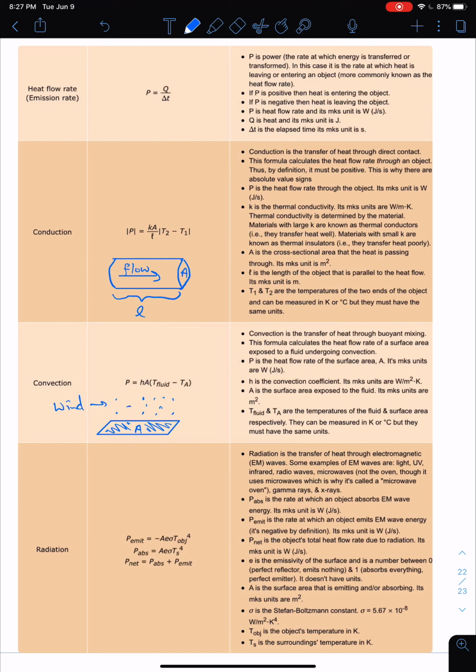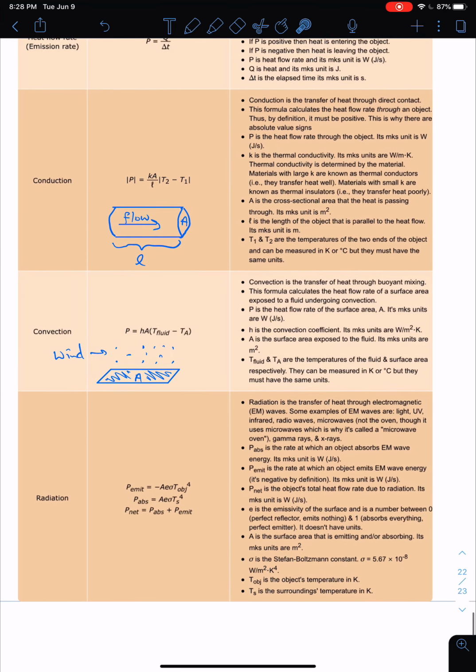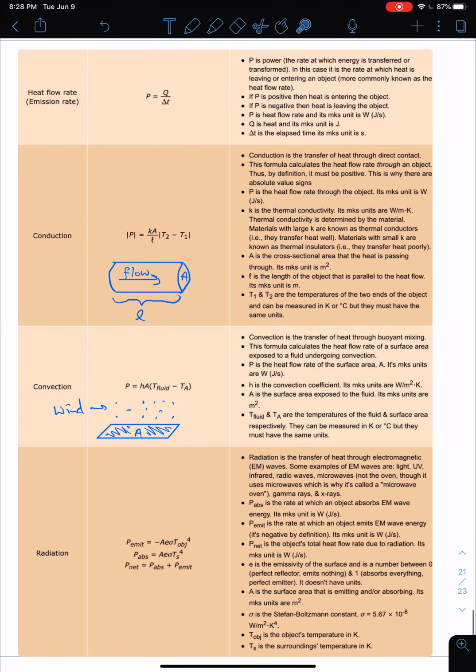The last one here, radiation. So there's three formulas here. The first one is the rate at which an object emits EM wave energy. It depends on A, the surface area.